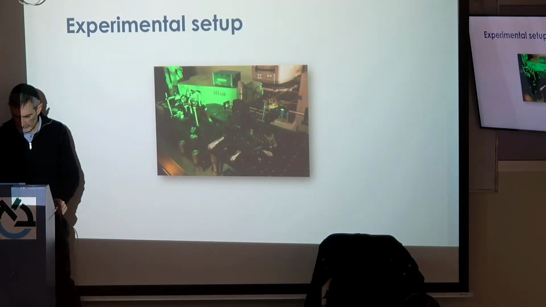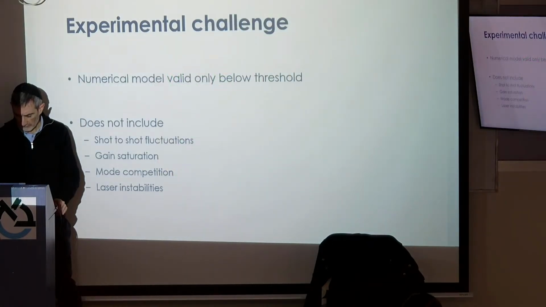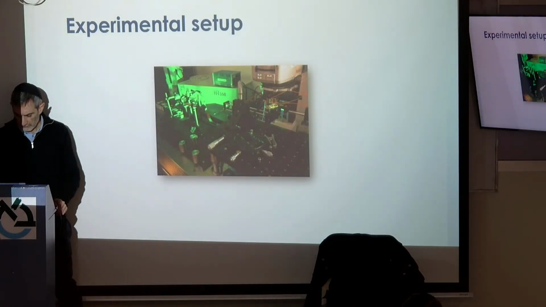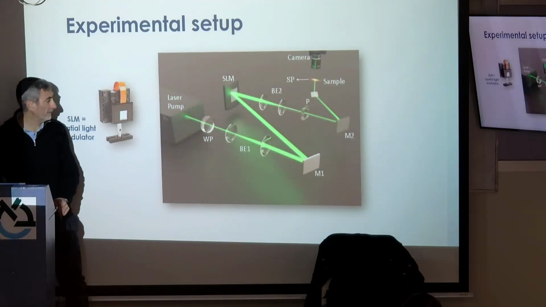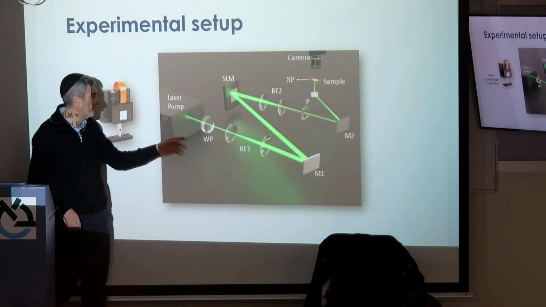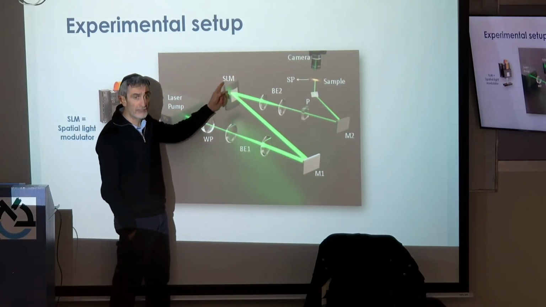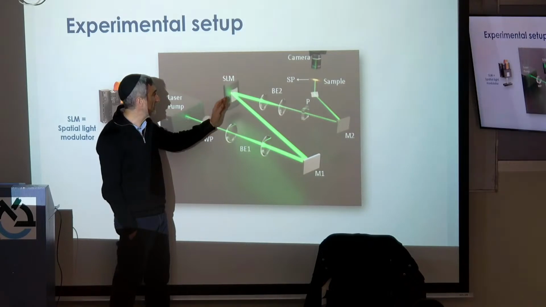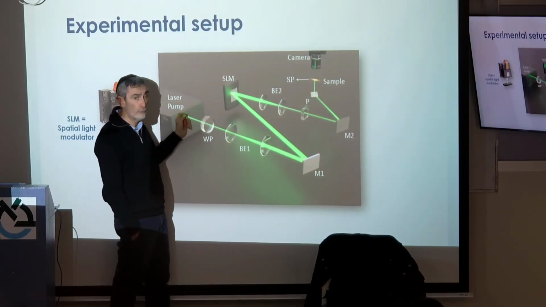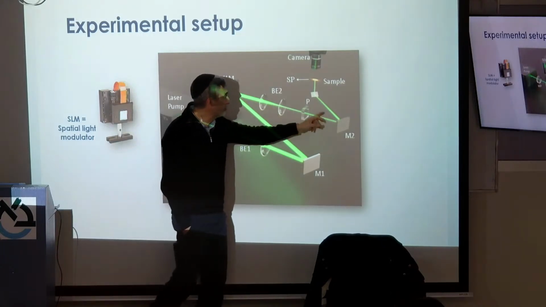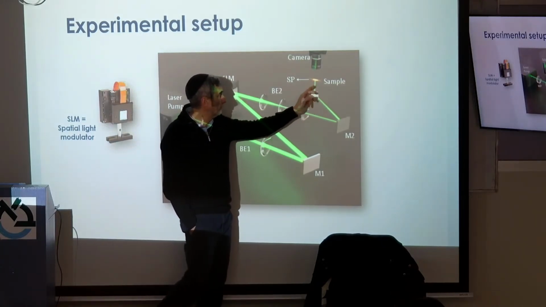I thought I had a better image of that. So how do we do that? The pump laser here is reflected by, again, a spatial light modulator. So pixel by pixel, we can modify the wavefront of the pump beam, and this is projected on the sample directly.